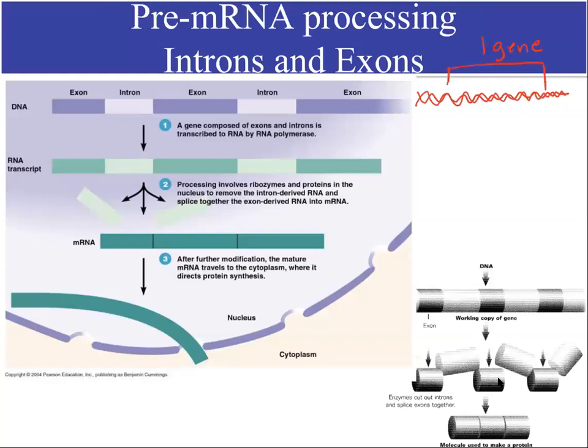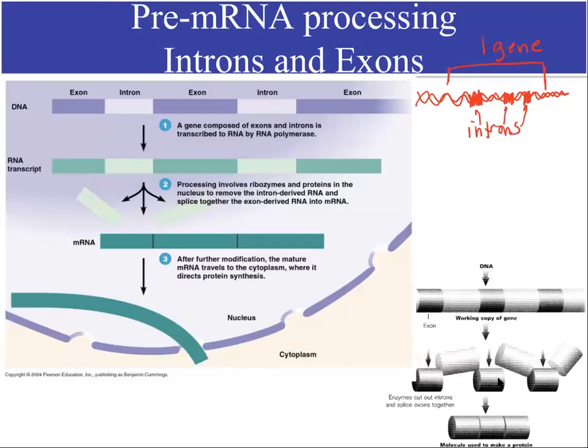It turns out that in that gene, there are sections that are junk. That might surprise you. Within a gene, there are pieces of that gene that we don't want to use. Those pieces are called introns. So that one, and that one.